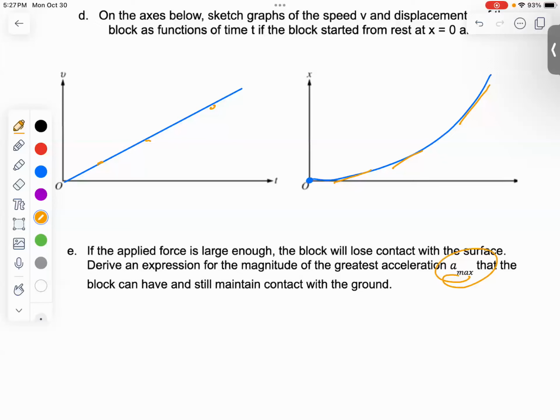So what it is indirectly saying is that what is the force? Like if you pull at an angle and if you pull with enough force, you're going to lift the box off the ground. So we're saying, hey, please don't do that.